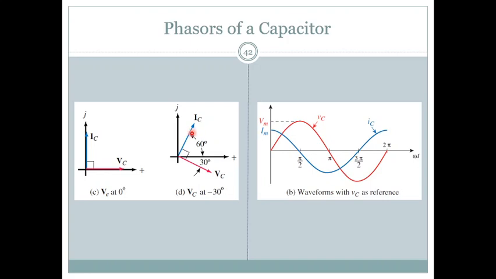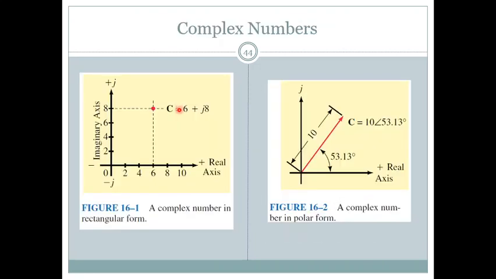However, we use the complex number plane to represent the phasor that we use to represent the sinusoidal waveforms, maybe current, maybe voltage, whatever it is. This is just a representation. Instead of using two constants for the horizontal and vertical axis, we use the imaginary constant in this case for the vertical.